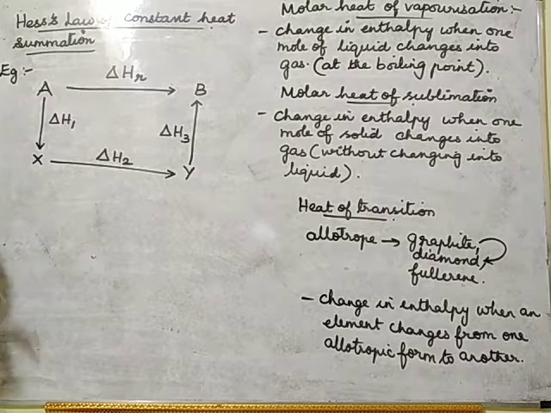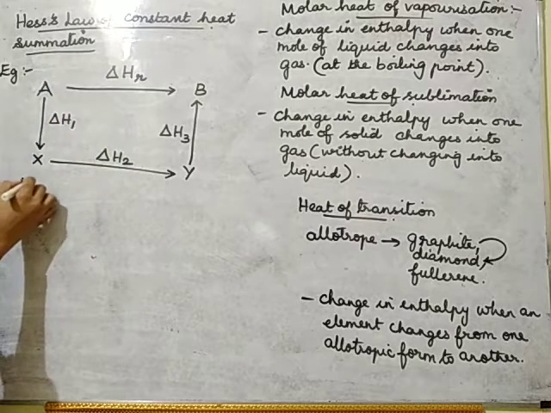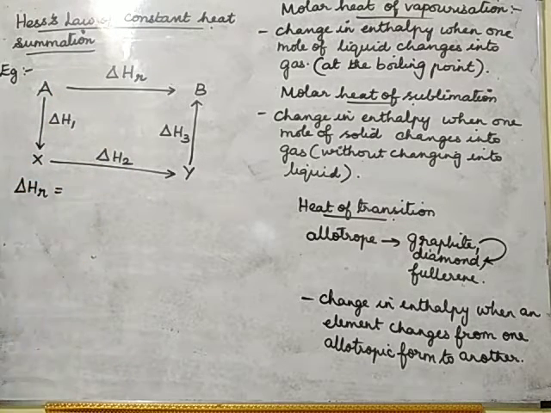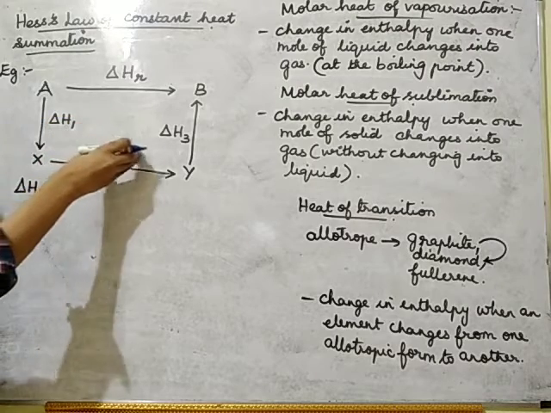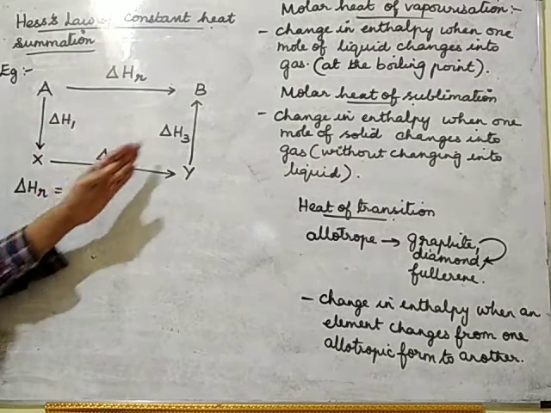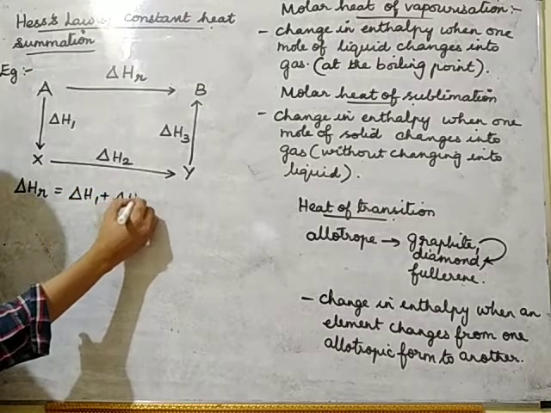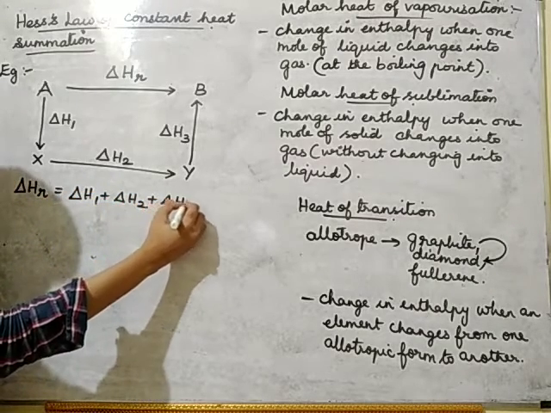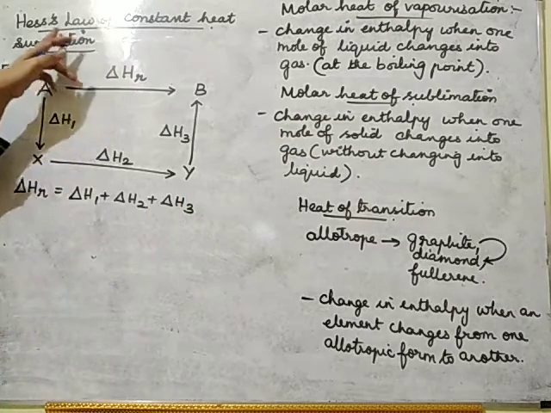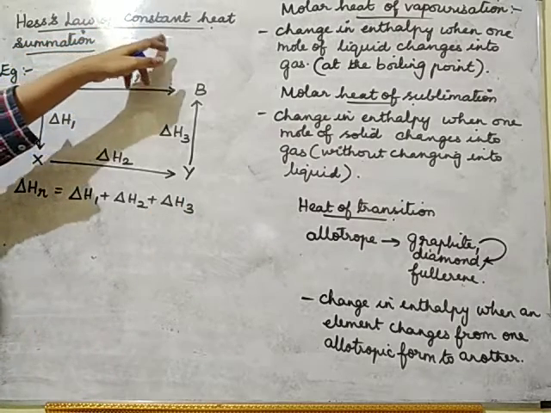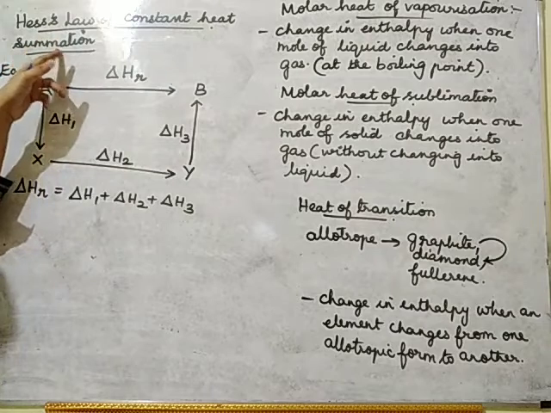Then the total heat change of the reaction is equal to the sum of the heat changes of all the steps: delta H1 plus delta H2 plus delta H3. This is called Hess law of constant heat summation.